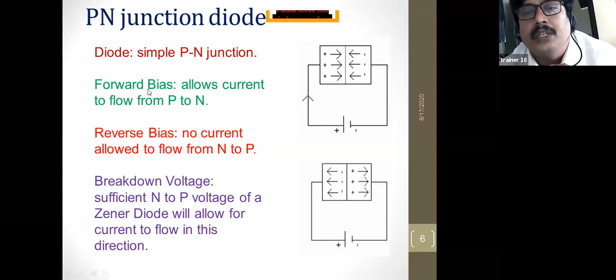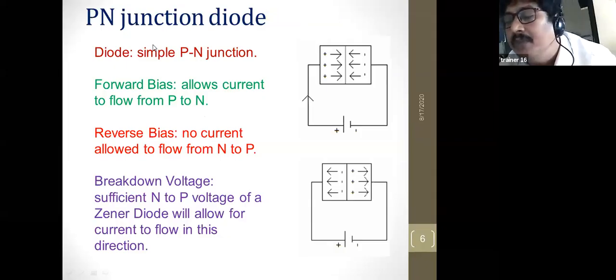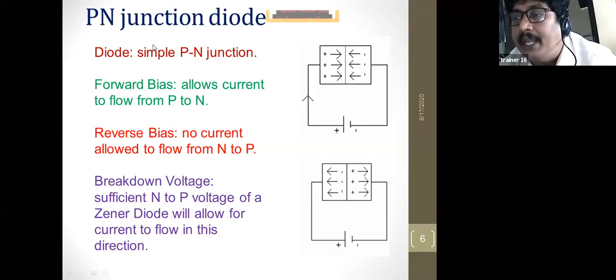In forward bias, it can allow current from P to N. P means positive and N means negative. Positive means a P-type semiconductor. A P-N junction diode means the P-type semiconductor is sandwiched with the N-type semiconductor, as we discussed in the P-type example and N-type example.